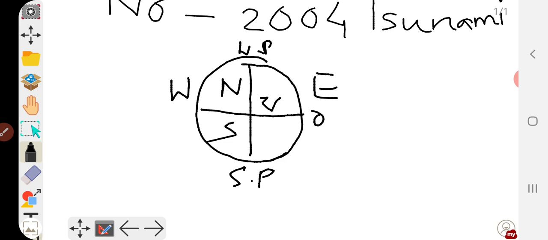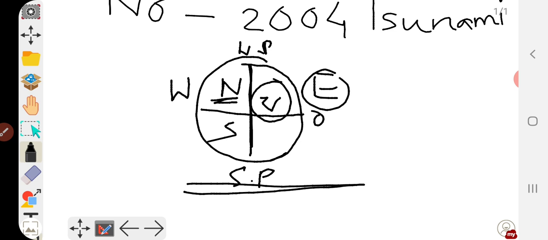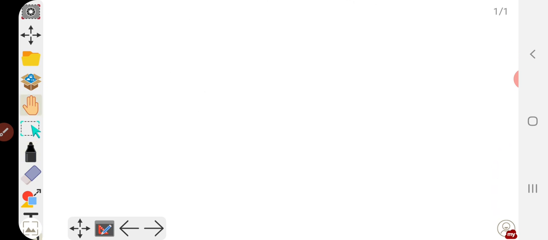So India lies in the northern and eastern hemisphere. Why? Because with respect to equator, it is located in the northern hemisphere, and with respect to prime meridian, it is situated in the eastern hemisphere. So you will explain the thing in this order in the form of a statement.